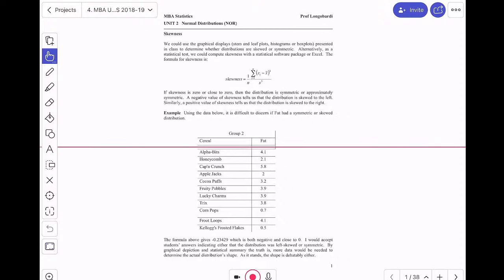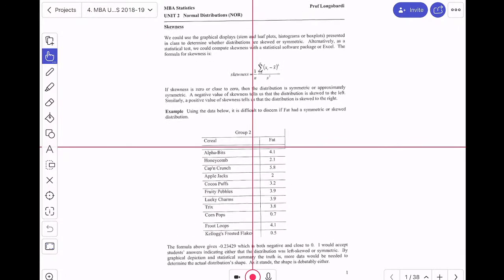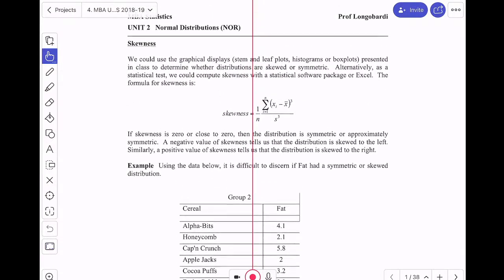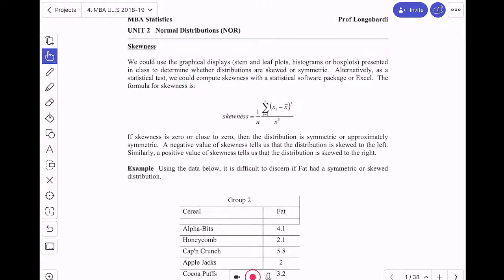I mentioned here, I did describe how you can recognize skewness from a box plot. And I'm just mentioning here, you can also get a calculation of skewness out of Excel.